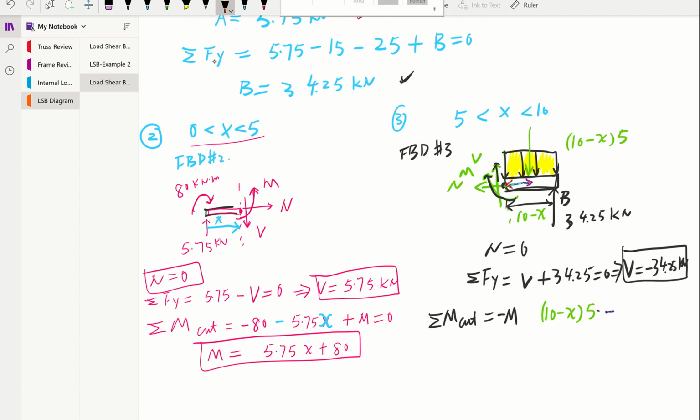That will be half of 10 minus X, because this entire length is 10 minus X. So that's, again, something new. So be aware of those new points, new elements embedded in this problem. Now we're going to look at the last one, which is our force 34.25.